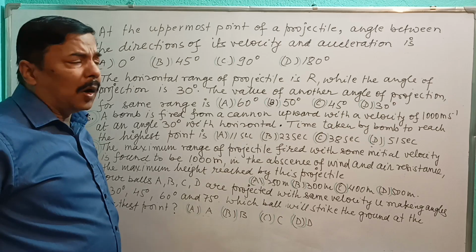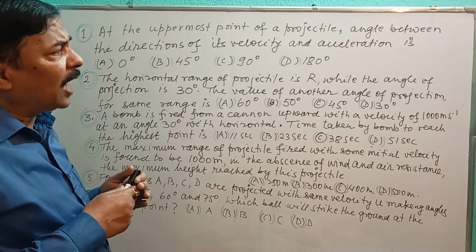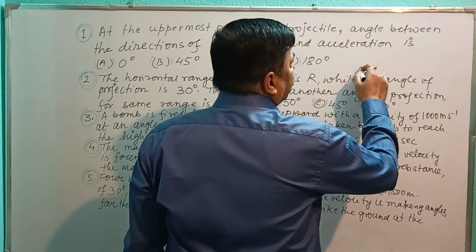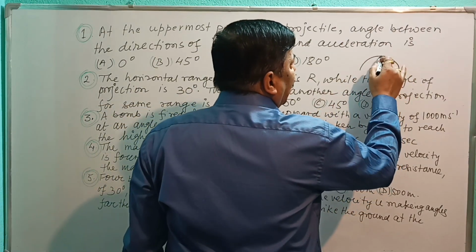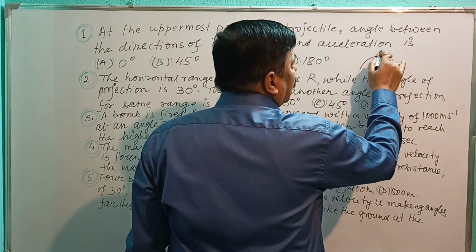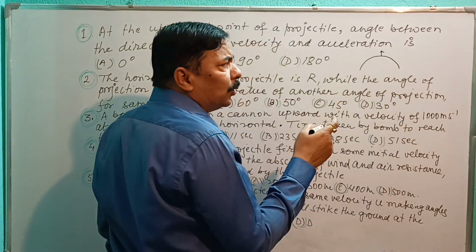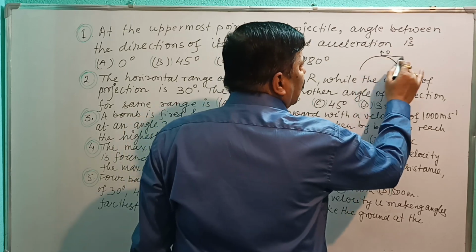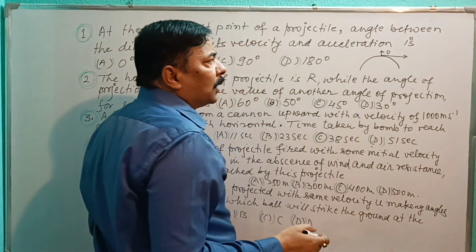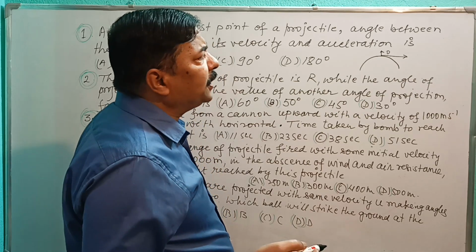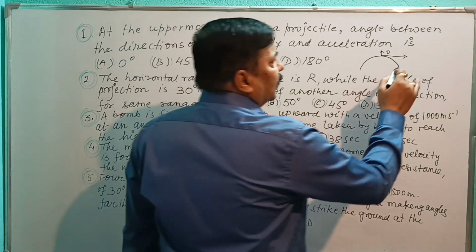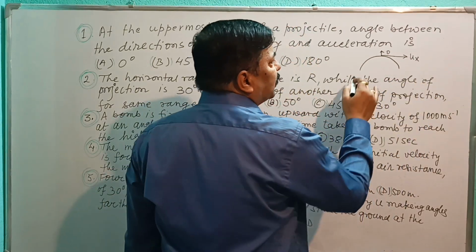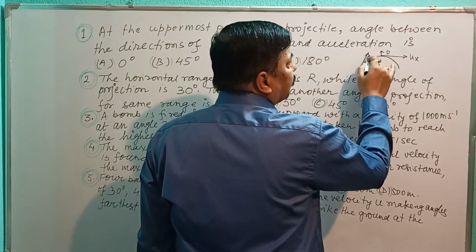As you already know, at the highest point of the projectile motion, the vertical component of velocity, as I repeatedly told you, is 0 and the horizontal component is in this direction. This is ux, the constant component by which the projectile has been projected.